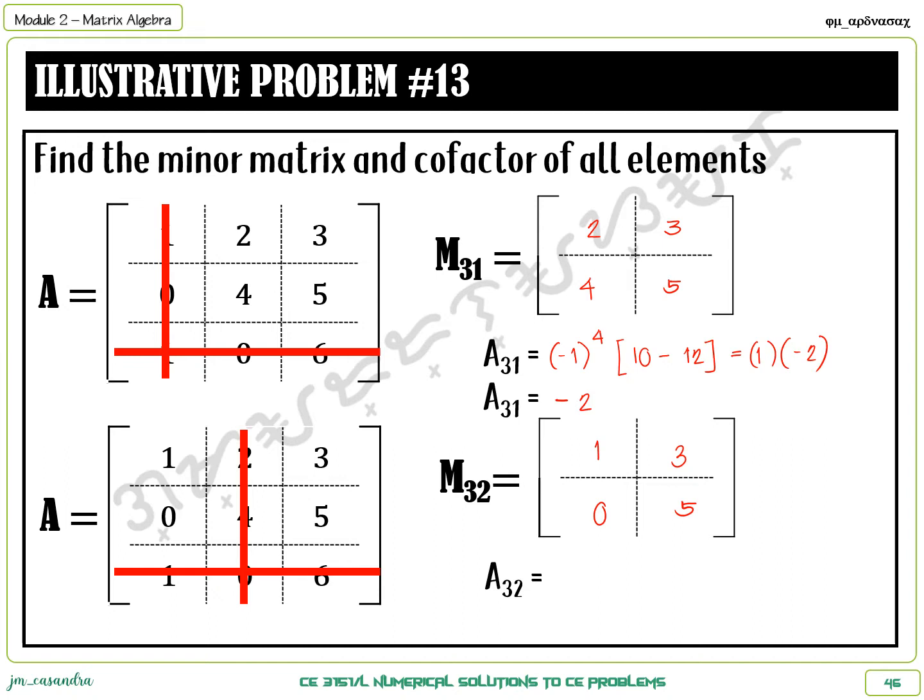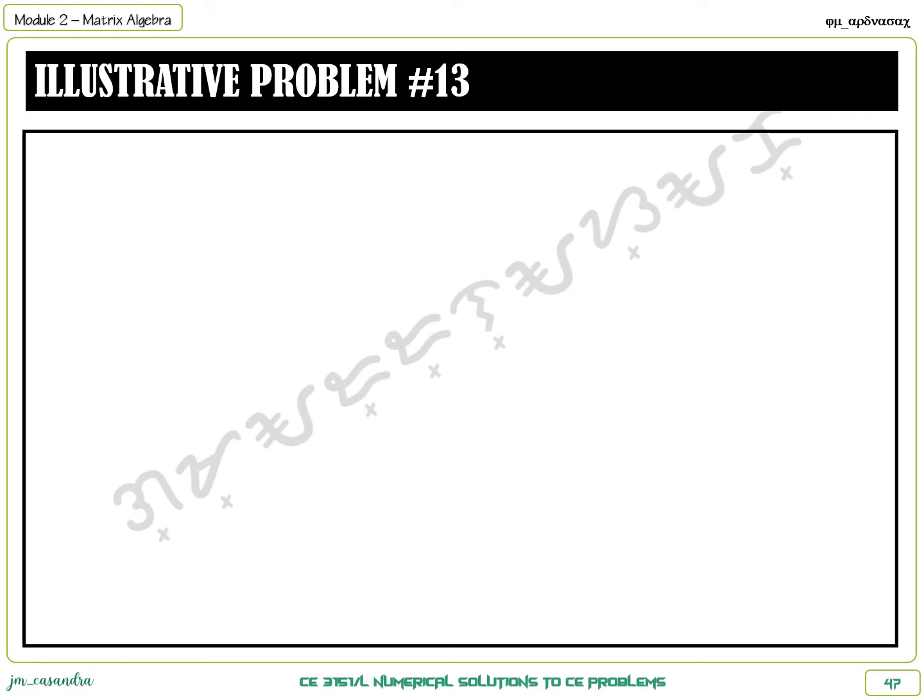So for our equation, that will now be -1 raised to 5 multiplied to 1 times 5 minus 3 times 0, or A32 now is equal to -1 times 5 minus 0, which is equal to -5.